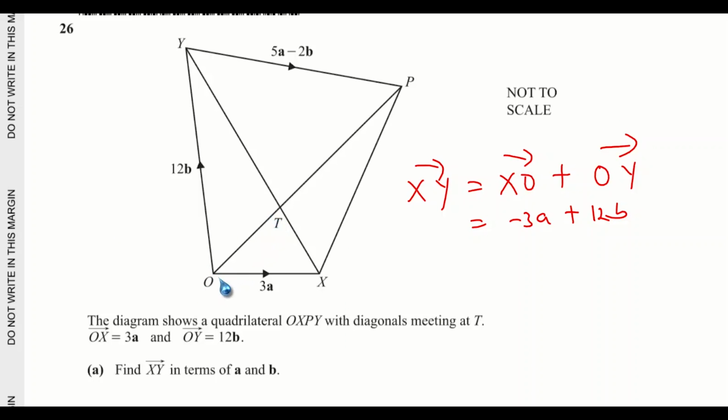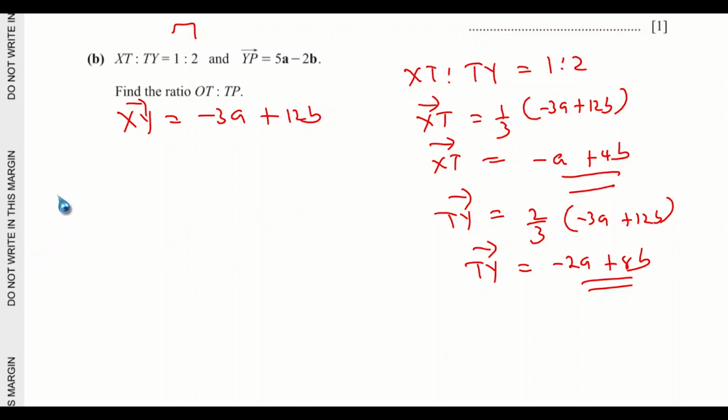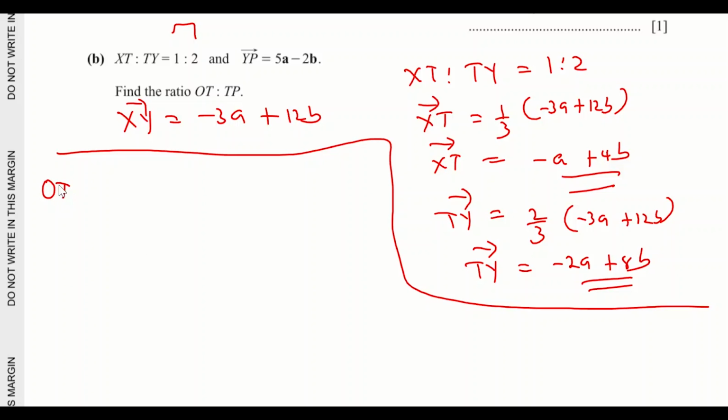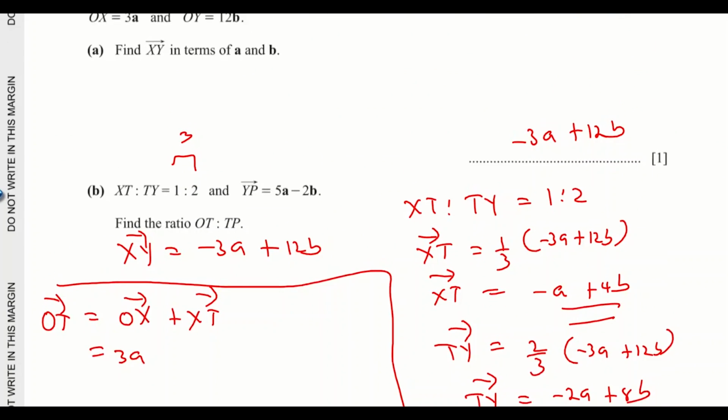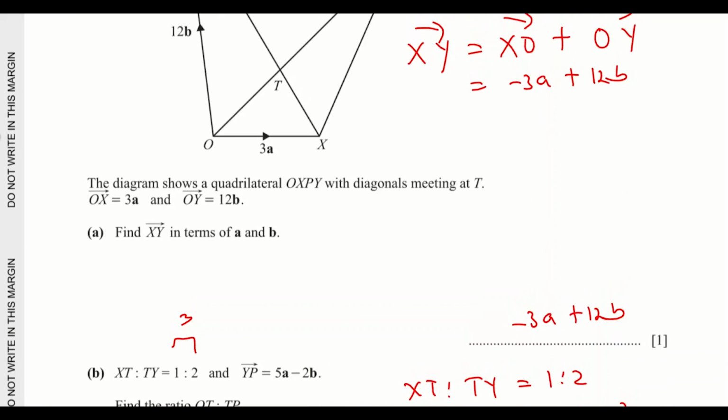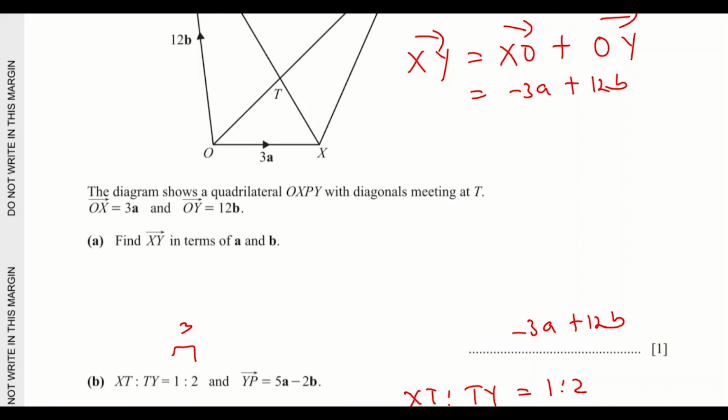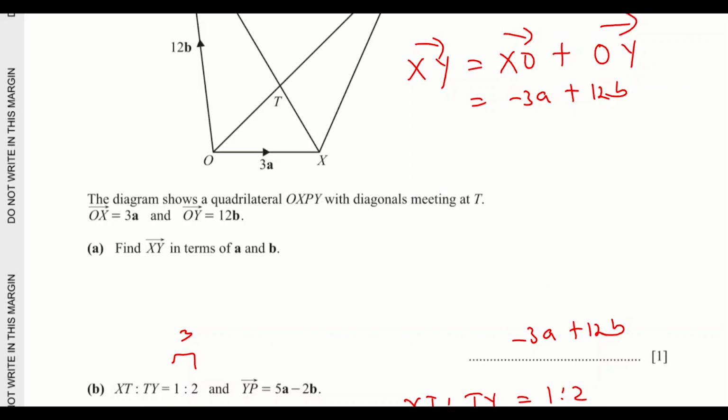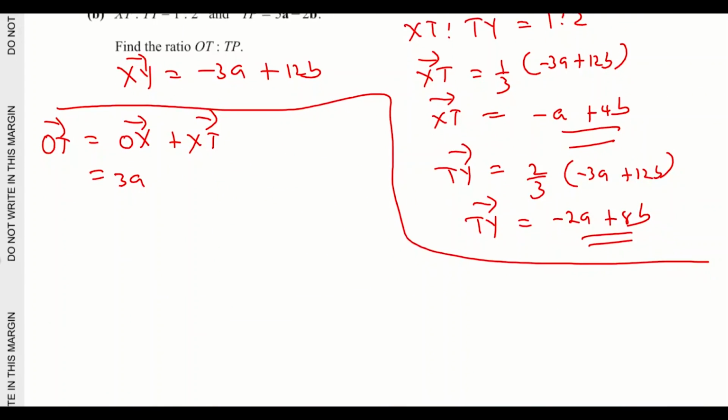So from here, you see that OT equals OX plus XT. Let's write OT equals OX plus XT. So this is equal to 3a, then it's moving in the same direction as XT.